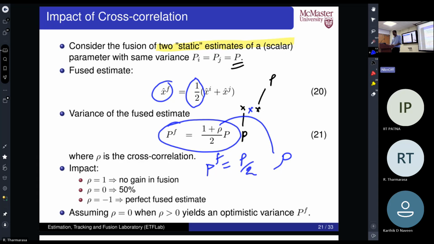But if the correlation is 1, there is no gain in fusion. So if the correlation is 1, what is the P_F? P. Right? If the correlation is -1, then the P_F is 0.